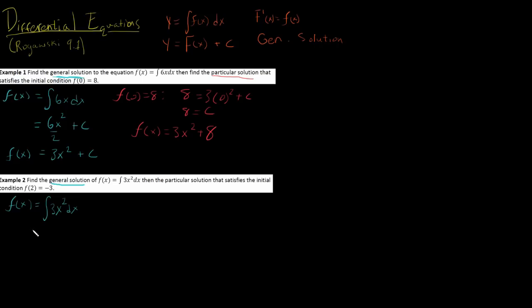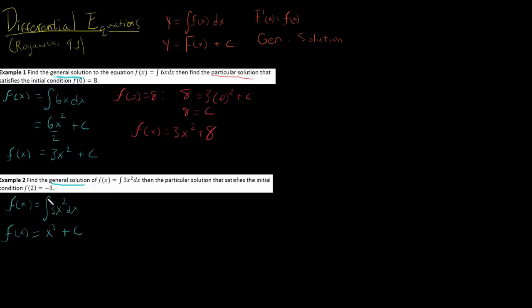So indefinite integral, again power rule. I'm going to skip a step here. Increase the exponent by 1, divide by the new exponent, which should cancel out to x cubed, plus c. Can't forget the plus c. So there's our general solution. Pretty easy. You've done this stuff before. This shouldn't look like anything new just yet.